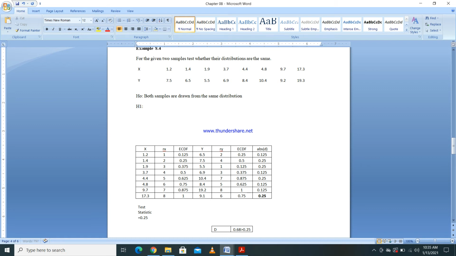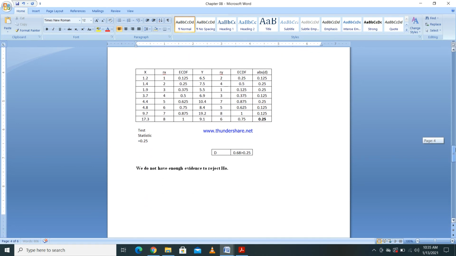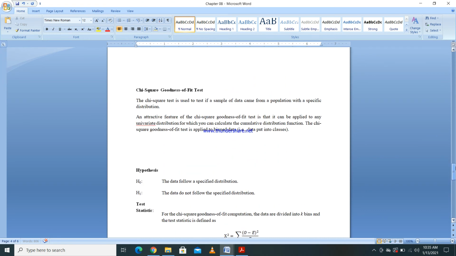So as your alternative, you can say both samples are not drawn from the same distribution, right? Okay. So the last one, again we can discuss when it comes to these distributions.